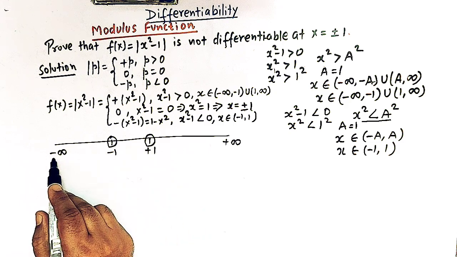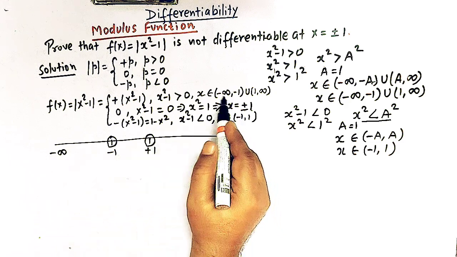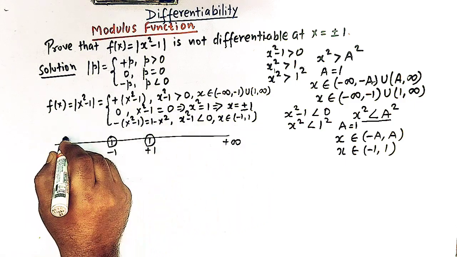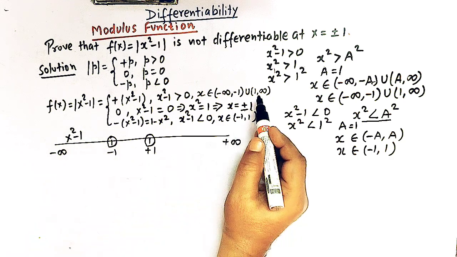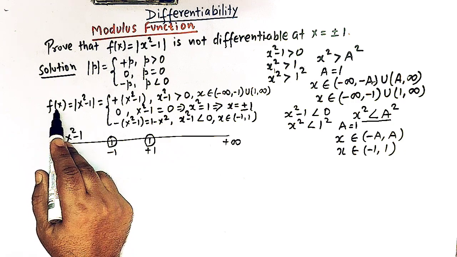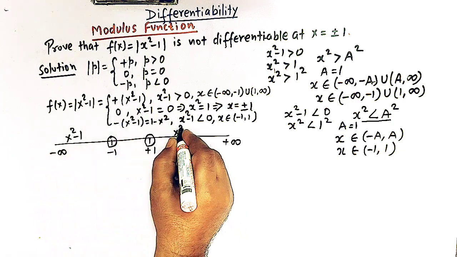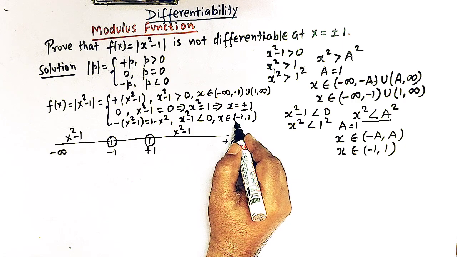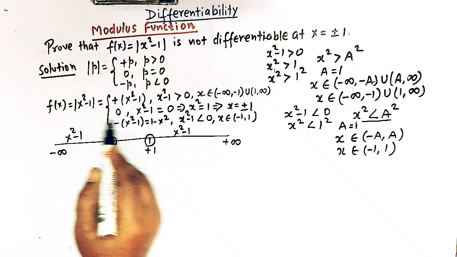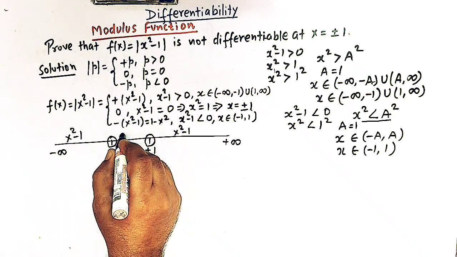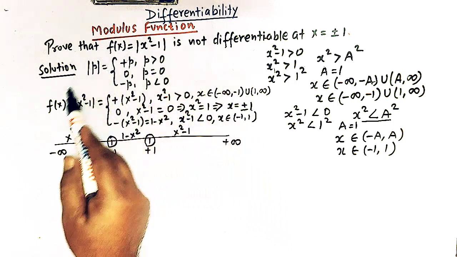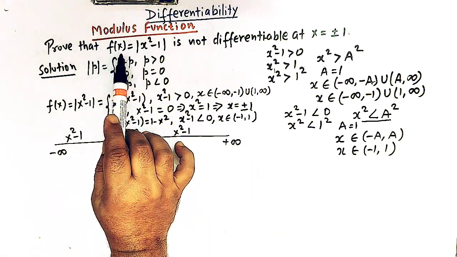When we take the interval minus infinity to minus 1, the form of the function f of x is x square minus 1, and when we take the interval from 1 to infinity, the function f of x is also x square minus 1. When we take x belonging to minus 1 to 1, the function f of x takes this form, that is 1 minus x square, right? So this is the complete description of this function f of x.